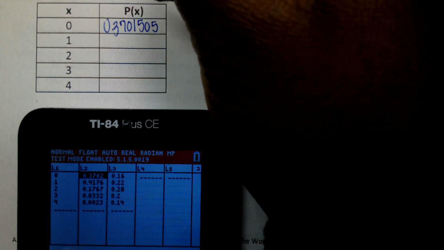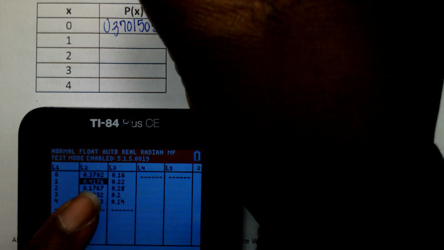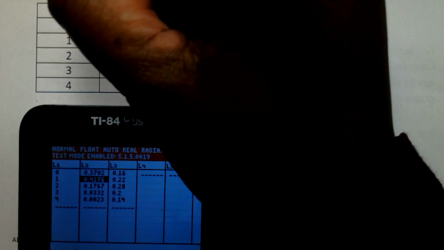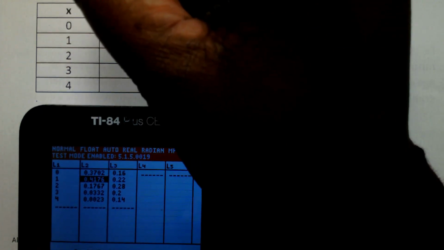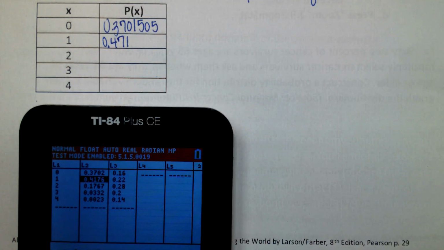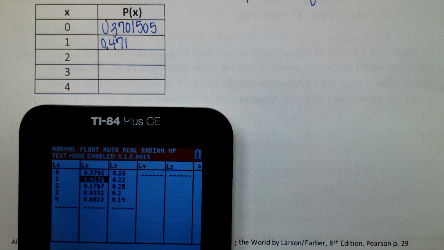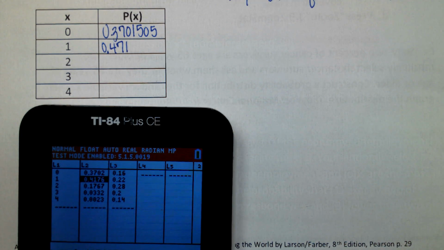0.3701505. And I'm not rounding. See, these numbers are rounded, and that's why I don't want to use these numbers. 0.471. I don't know if you know this, but I'm not really good at doing two things at one time. I lost my whiteout.